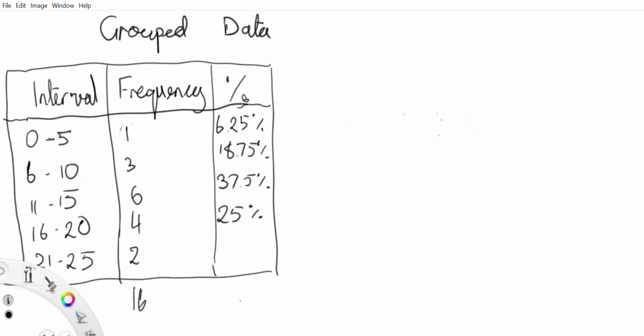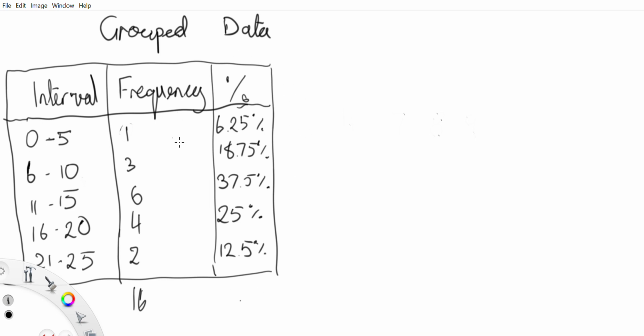And my guess is this is going to be 12.5, but let's do it anyway. 2 divided by 16 times 100 equals 12.5%. Now, we've done it, we've collected our data, we've turned it into a frequency table, including a percentage of frequency table here.